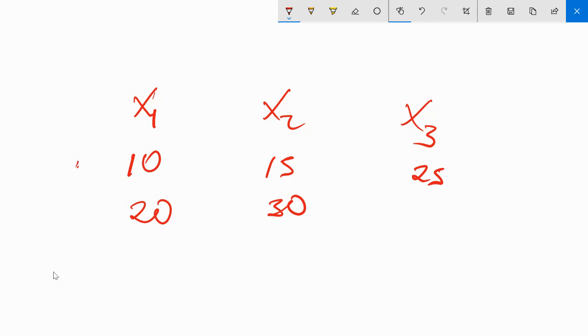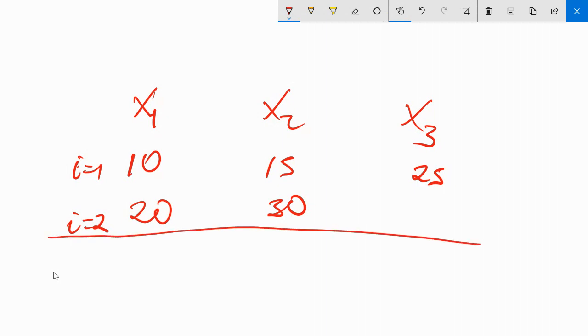So this is i equal to 1, i equal to 2. This is the second observation on the first level. This one is the second observation on the second level, and here there's nothing. The nj's there represent the number of replicates. How many replications are we having on the first level? It is 2. So n1 is 2, n2 is also 2, and n3 is equal to 1.